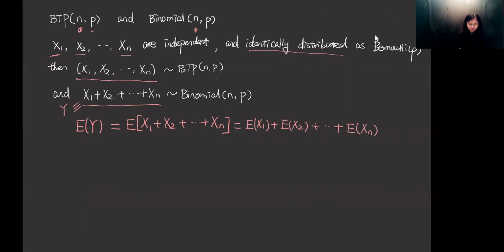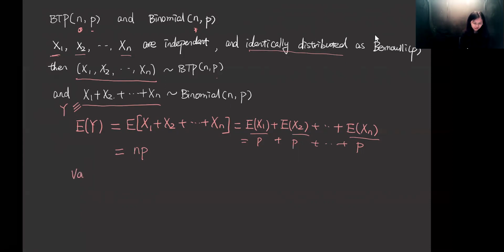Because we know all n random variables have the same Bernoulli P distribution, and the Bernoulli P distribution has expectation P, the result is P plus P plus and so on, plus P. There are n of them, so the result is n times P. That is the expectation of the binomial random variable.